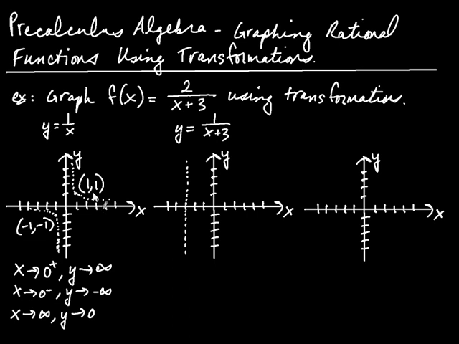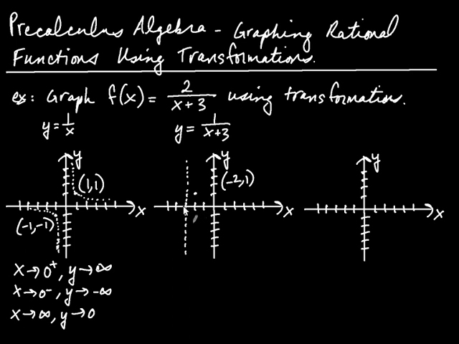And when you move these points 3 units to the left, instead of 1, we're going to have negative 2. So we're going to have the point negative 2, 1. So this point moved 3 units to the left. 1, 2, 3. So let's label that. That's the point negative 2, 1 right there. And this point, negative 1, negative 1, 3 units to the left, is going to be negative 4, negative 1.